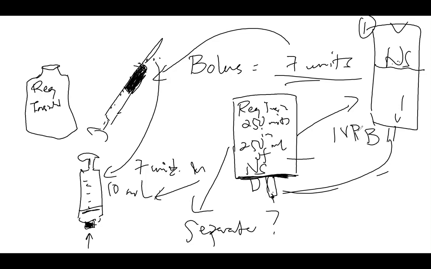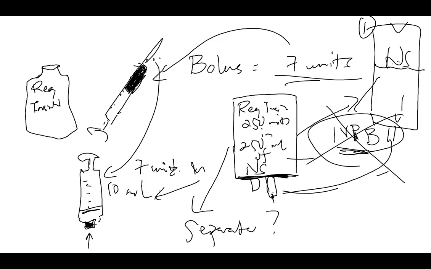It has to be run separately because if you do IV piggyback, that means you will stop the NS to run the insulin. Patient needs both together at the same time. So do not run it piggyback, okay? It has to run on a separate pump.